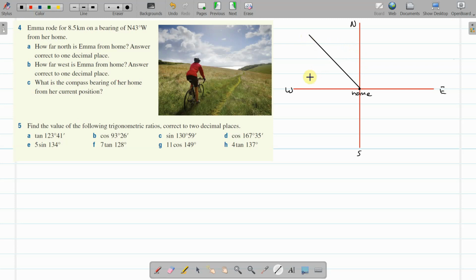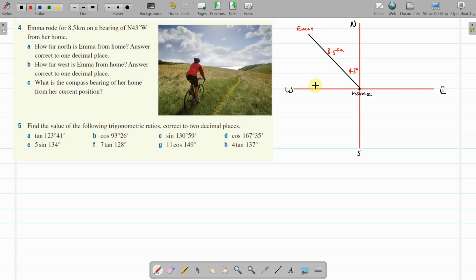For purposes of drawing the diagram, it does not need to be precise as long as you get a fair idea. So this will be Emma, and she's travelled 8.5 k's along this way, and this angle here is 43 degrees.